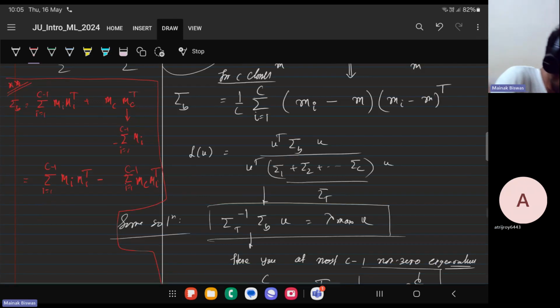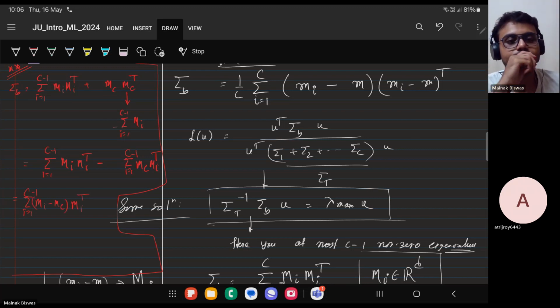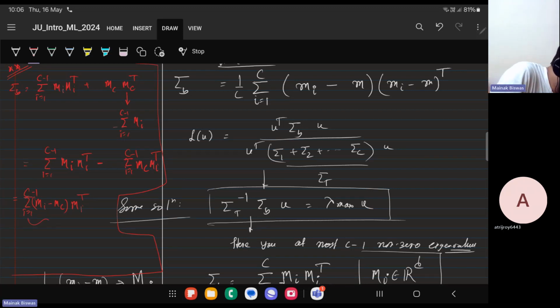So this becomes the sum from i equal to 1 to C minus 1 of (Mi minus MC) Mi transpose. Yes or no? Yes. So how many terms are there now?